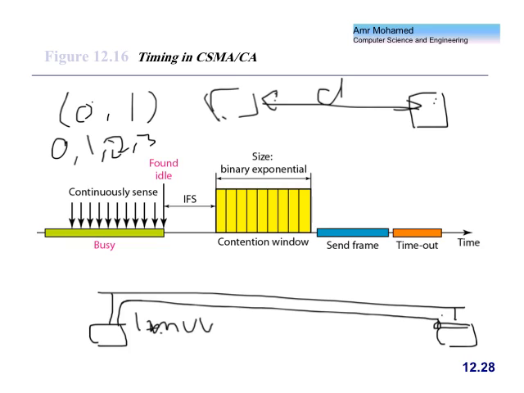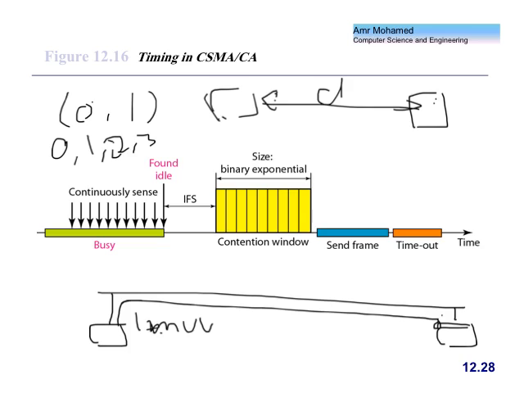Again, we didn't have to do that for CSMA/CD because we were able to detect the collision. Once we detect the collision, we send the jamming signal which aborts everything. So we don't have to wait for the acknowledgement. We detect the collision without even using any acknowledgement. But here, we cannot do that.